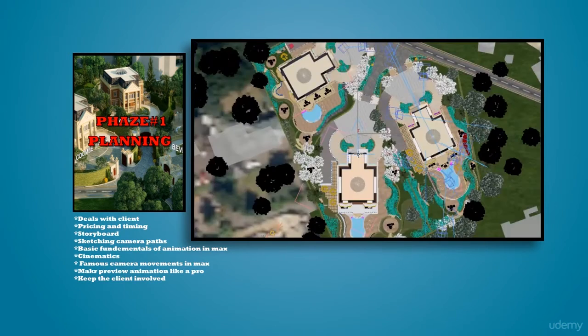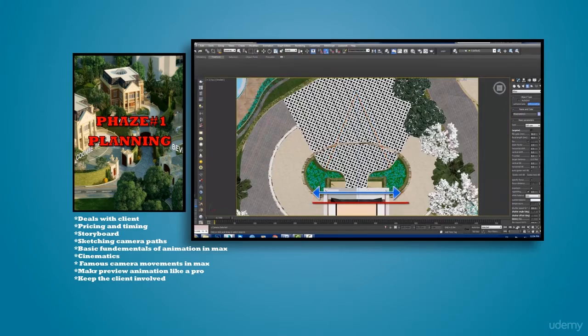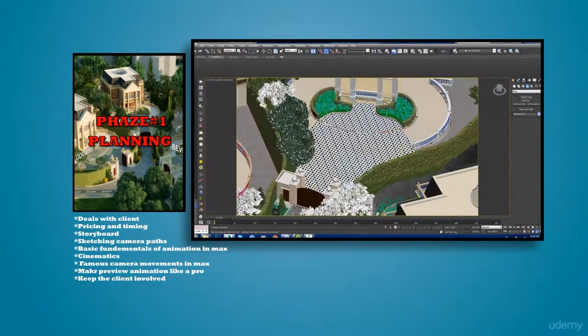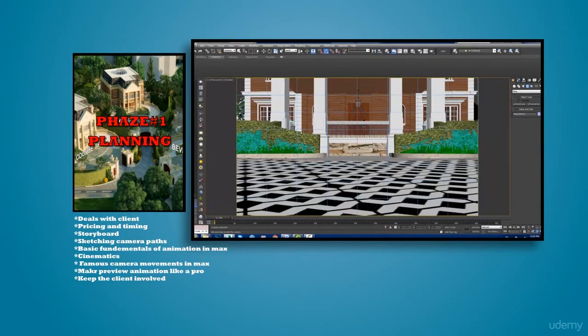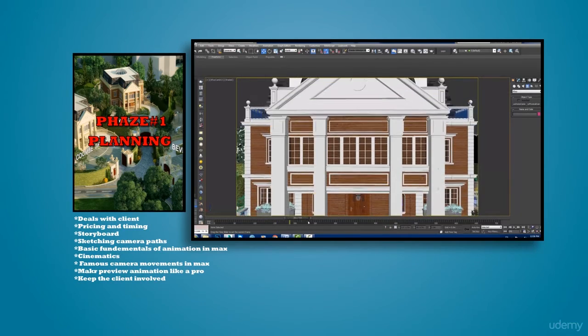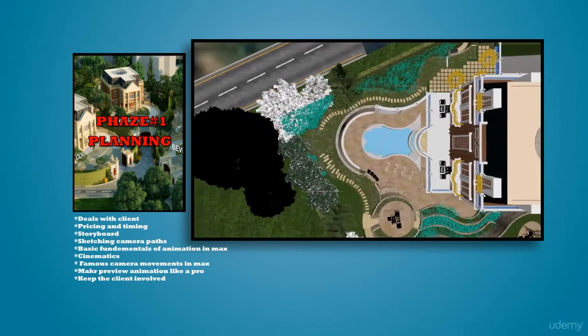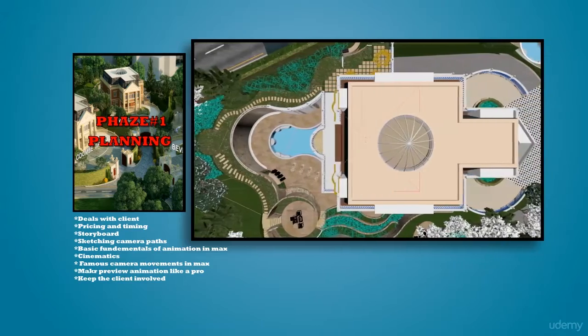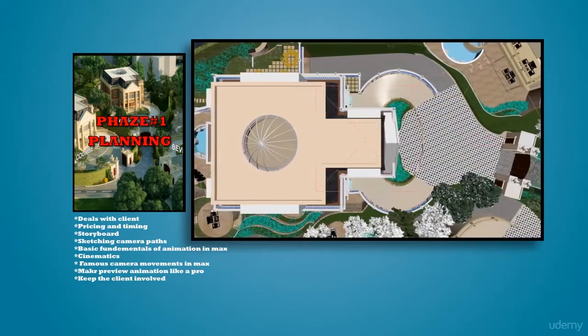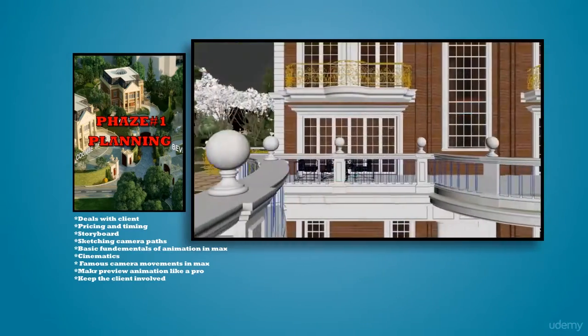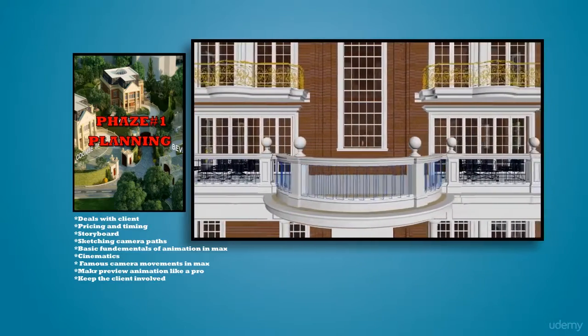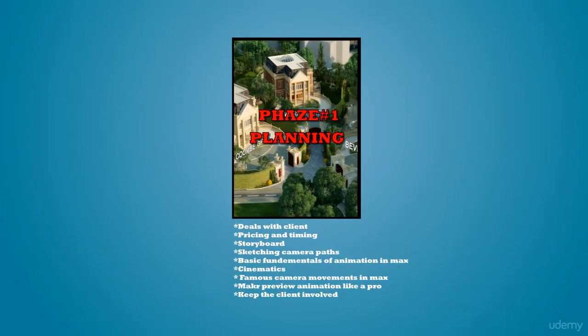We will learn some famous camera movements that the professionals tend to do, as well as the techniques to do them in Max. Lastly, we will learn how to give our client a sneak peek of our movie before render, for their approvals or adjustment. So that's it for this course.